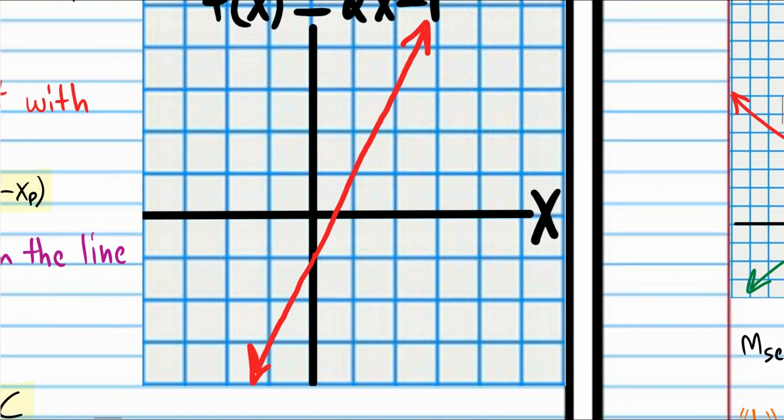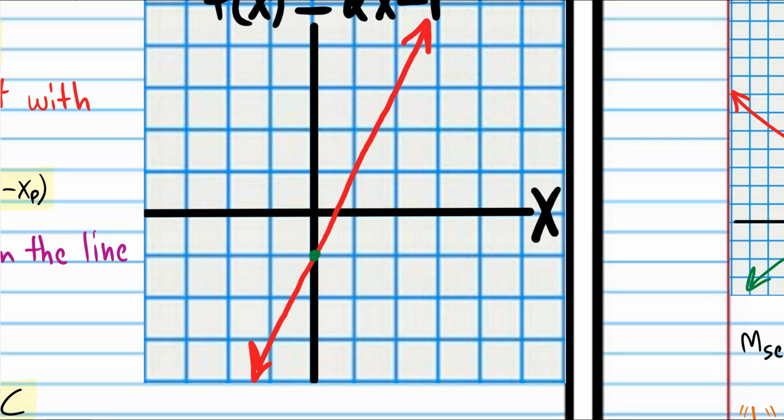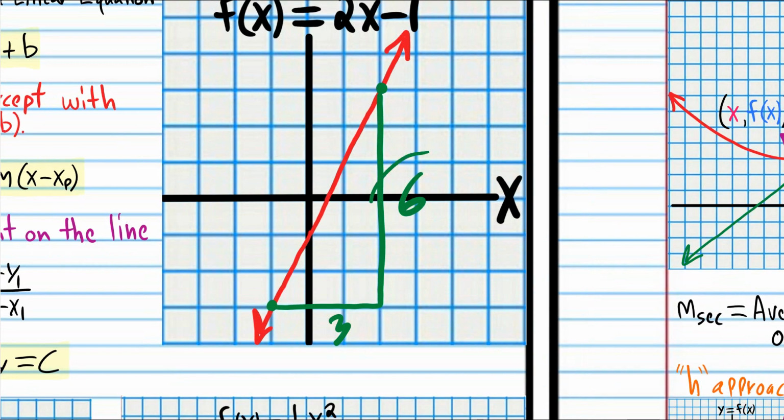Now, it doesn't matter where you are on the graph. Let's choose this point here, and let's choose this point here. The change is the same. If we move 1 horizontal unit, we have 2 vertical units to get back to the line. So the rate of change is the same anywhere. And if we choose a point down here and a point up here and measure the rate of change, we still have double the number of vertical units that change in comparison to the horizontal units.